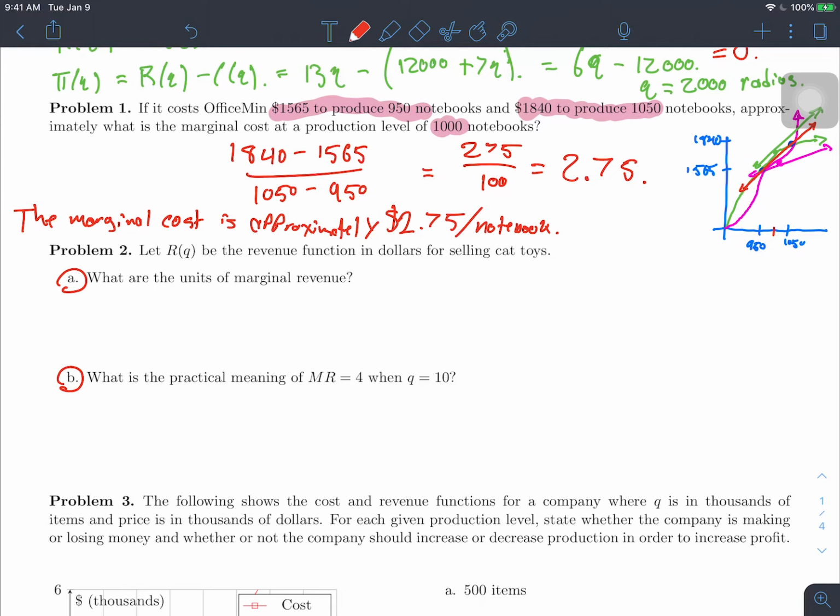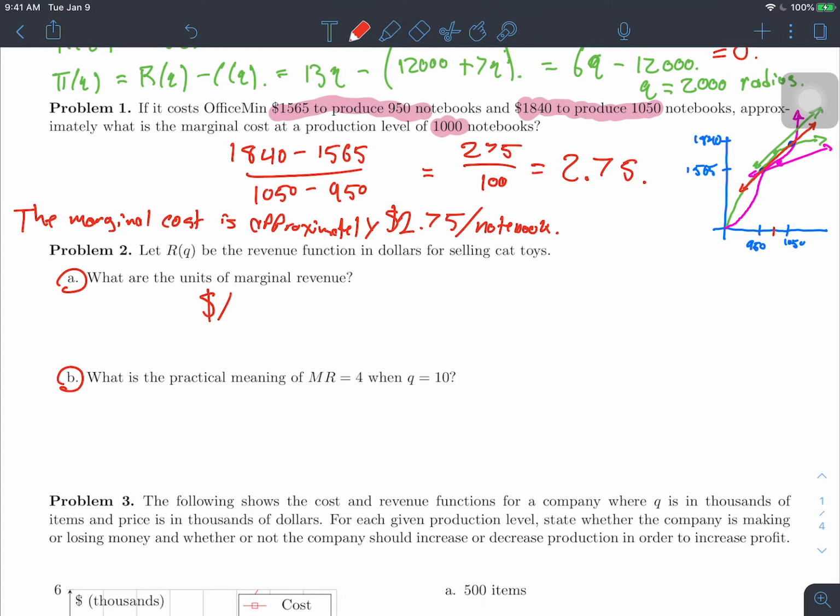All right. Who wants to help me with part A? How do we express marginal revenue in terms of our units based on this word problem? Yeah, Michael? Would be dollars per toy. Yeah, exactly. It's just going to be dollars per toy.